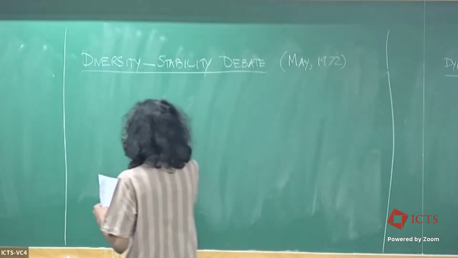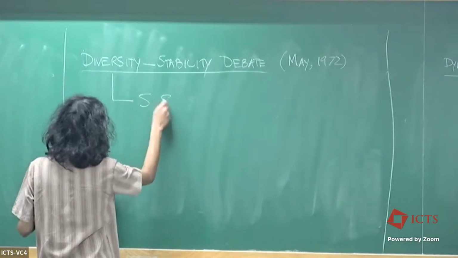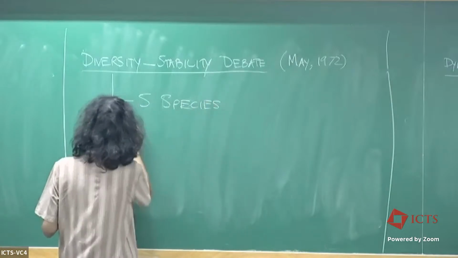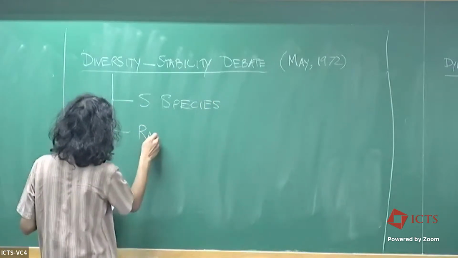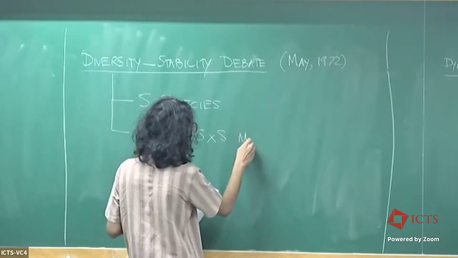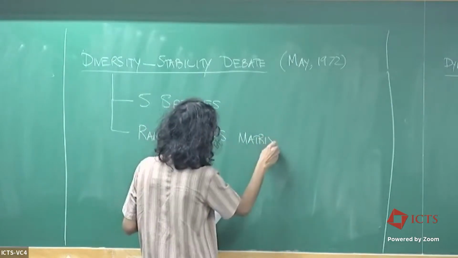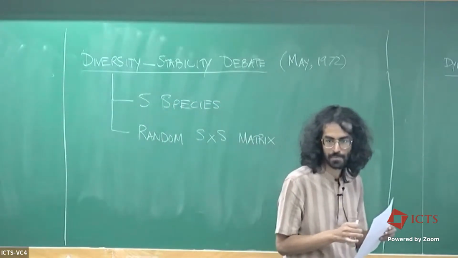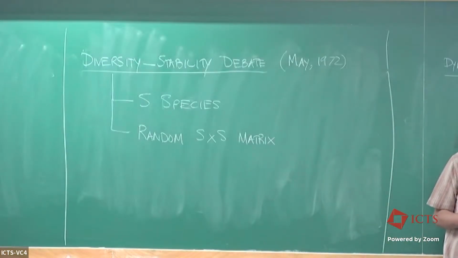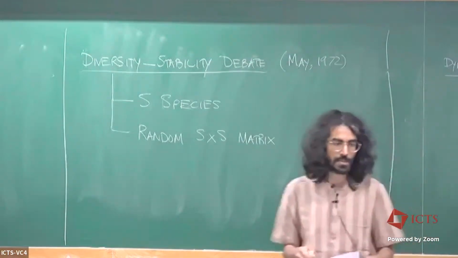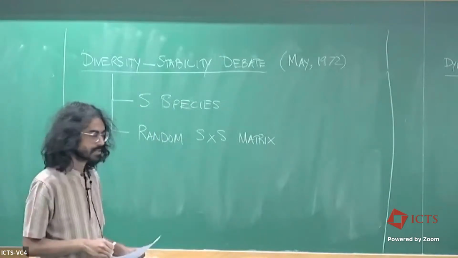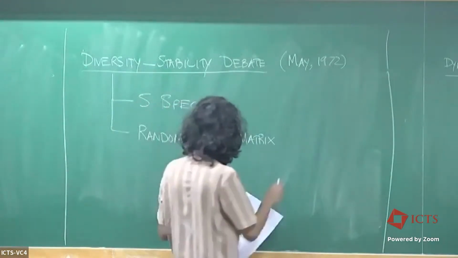So he chose this thing where there are S species, and he said, let me make a random S by S matrix. But not any random S by S matrix. The thing that May really did was to come up with a recipe to build some random matrix.